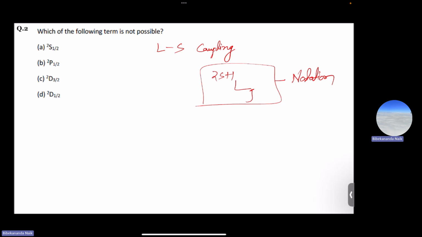So I'll give you a few minutes to think about this question and solve it, and then I will discuss what will be the correct option.